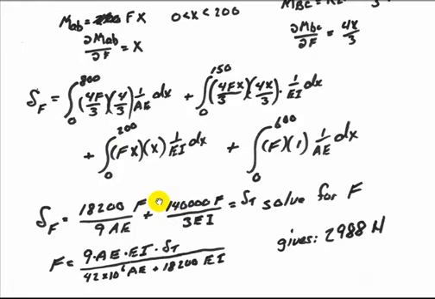Now I'm going to take these terms that came out of here, and I'm going to set them equal to my known value of deflection, which is 1 thread length, which numerically in this problem was 1.5 millimeters. So I'm going to have this thing involving F equal to 1.5 millimeters.